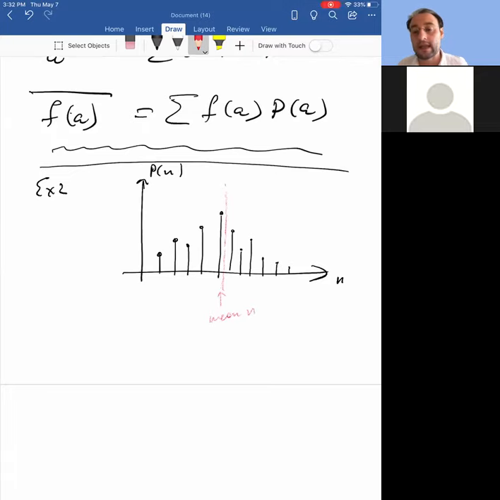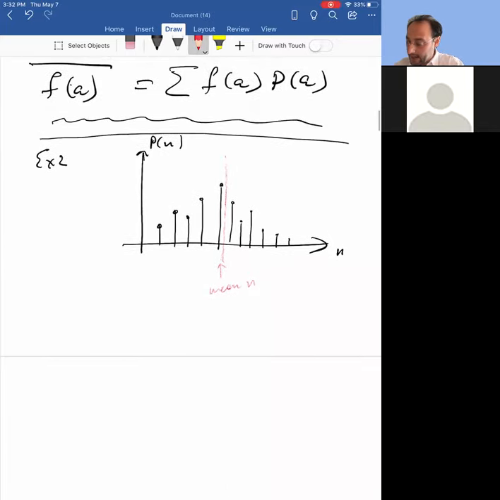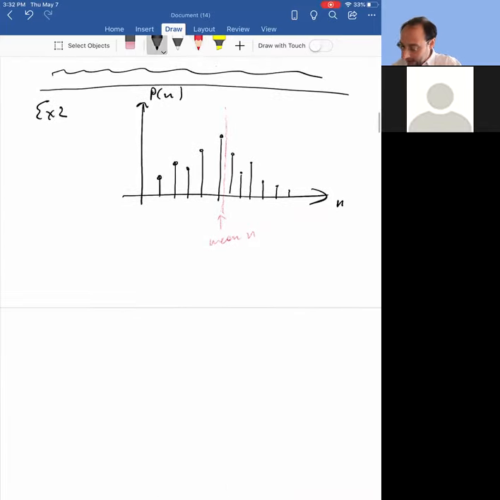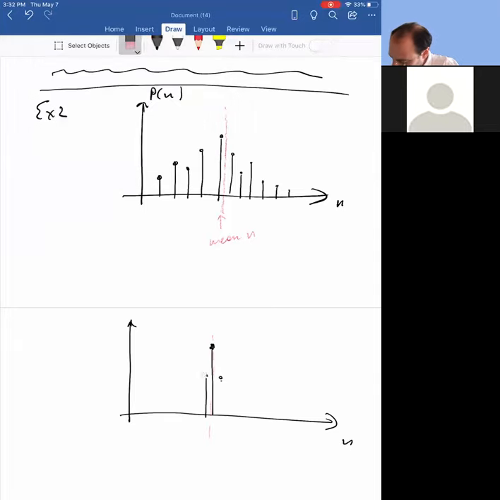But that's not the only thing I can ask. I can ask how broad is a distribution. So let's say I have this, and I have another factory where the mean value, the average age, is the same, but most of the people are just of that age, and maybe there are a few people of a similar age.